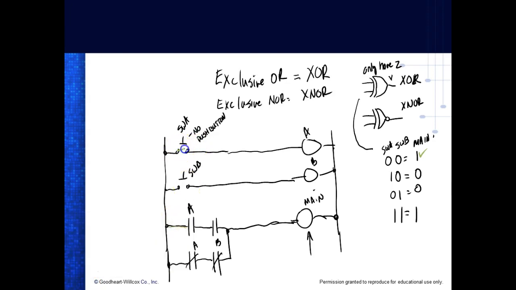I'll come up here and close this push button right here. That causes this contact to open. It causes this contact right here to close. What's the problem? There's no complete path, right? So that satisfies that right there.